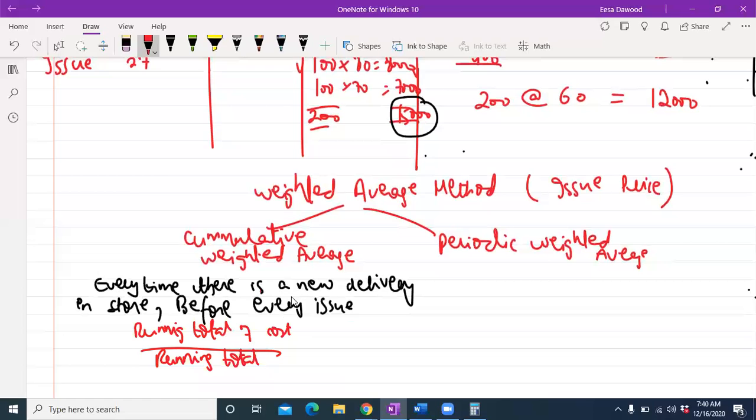Whatever would be the cumulative total of cost and cumulative total units before that issue, based upon that we will be calculating weighted average issue price.